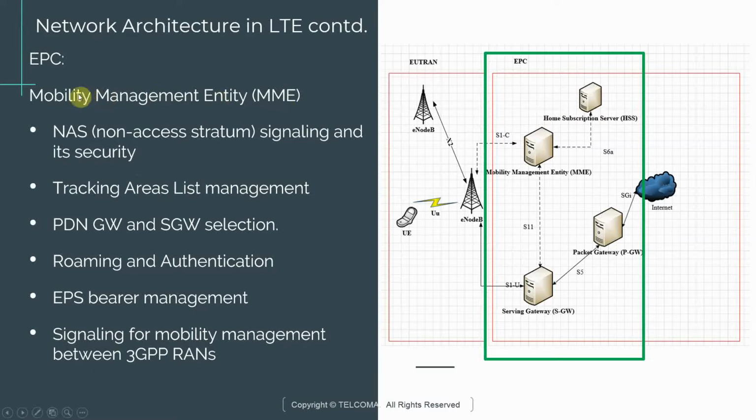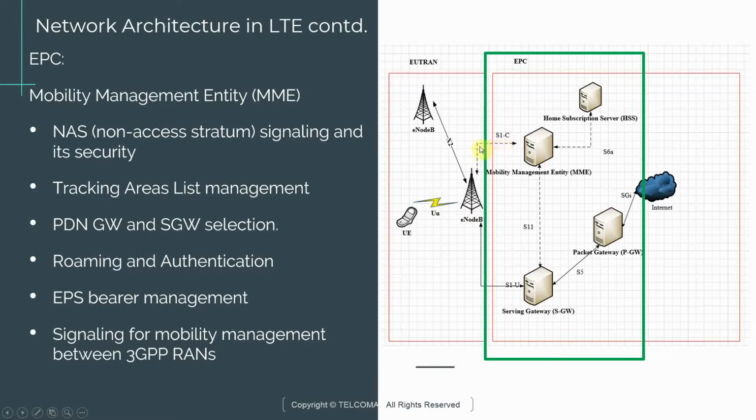So the first network element that we briefly talked about in the previous slide was the mobility management entity. This is the box right here, and this is something that talks to the eNodeB here. As you can see, this connection is broken, or dotted or slashed, however you want to say it. It's not solid.